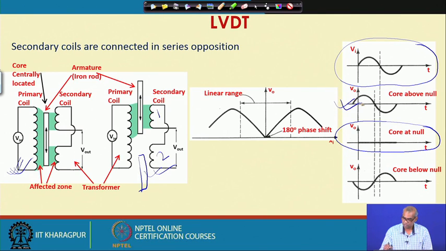But look at the plot for core above null and then look at the plot for core below null. Both are sinusoidal, but there is 180 degree phase shift. So, there is a linear range for these instruments working.